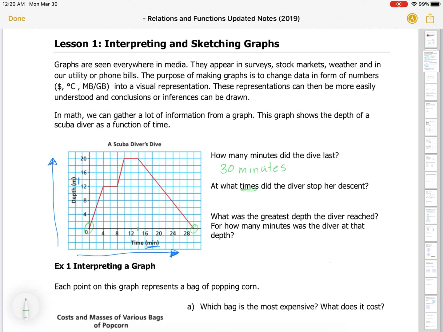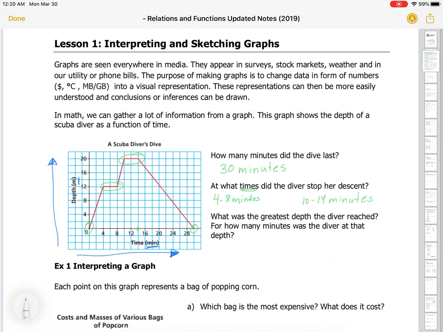If this is her depth, as it increases, she's going lower. So in this section and in this section, she's not going lower anymore. Those times are between 4 and 8 minutes, and from 10 to 14 minutes.